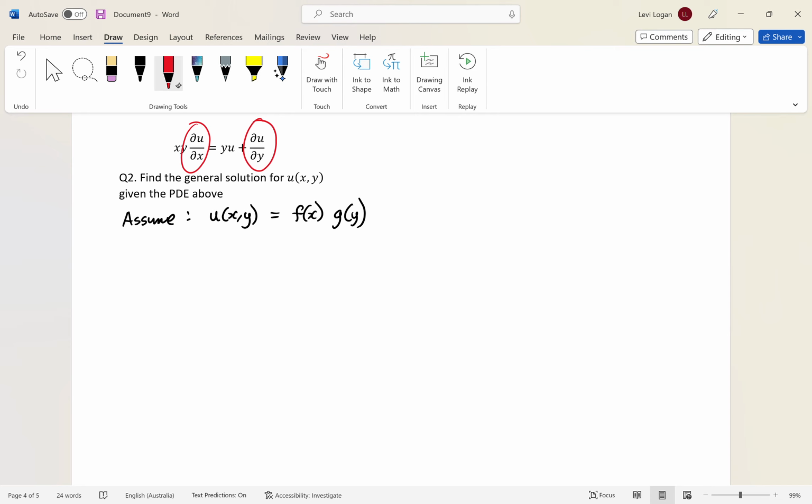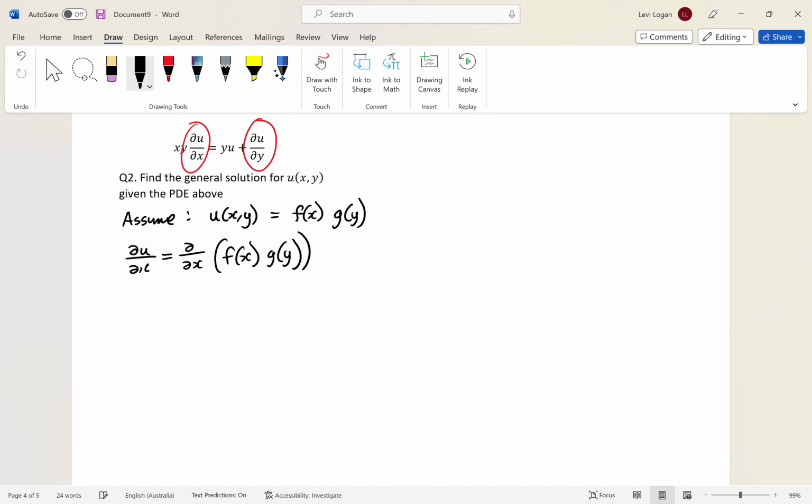So we're going to apply some derivatives to this expression here, our arbitrary expression of our answer. The partial derivative of u with respect to x is equal to the partial derivative with respect to x of f of x and g of y.